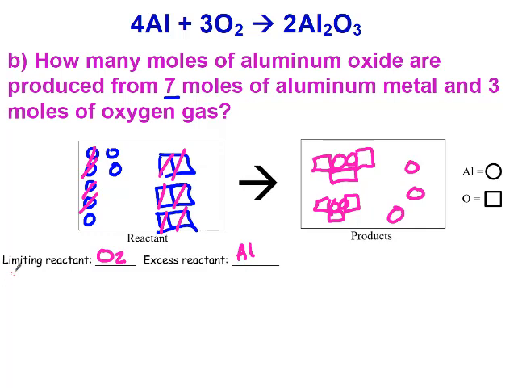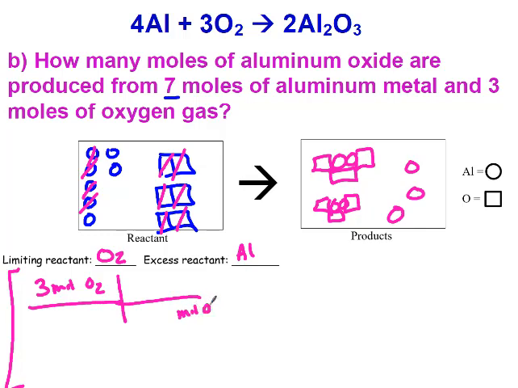Go ahead and pause the video and now prove that with some work below. So 3 moles of oxygen. Moles of oxygen to moles of Al2O3. 2 Al2O3 for every 3 oxygen. 6 divided by 3, that's 2 moles.